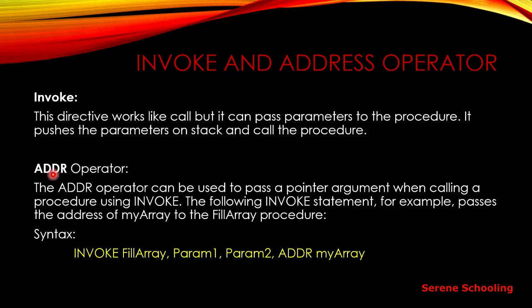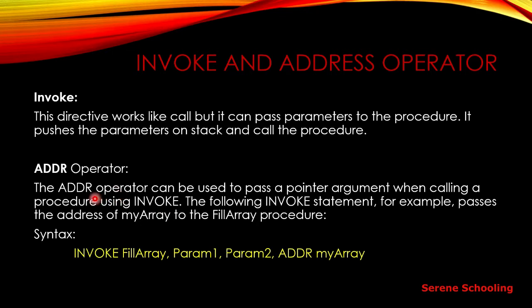We have the ADDR operator, and it is used to get the address of an element, or if you are passing an array, to get the base address of that array. This operator can be used to pass a pointer argument when calling a procedure using invoke. You have to know that we call the procedure using invoke only, so you don't have to worry about this.